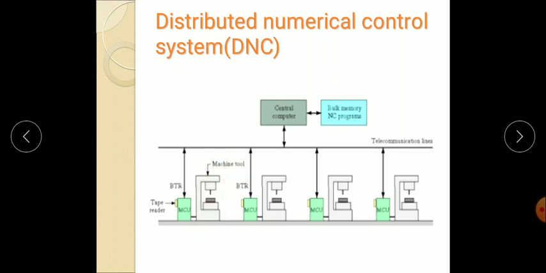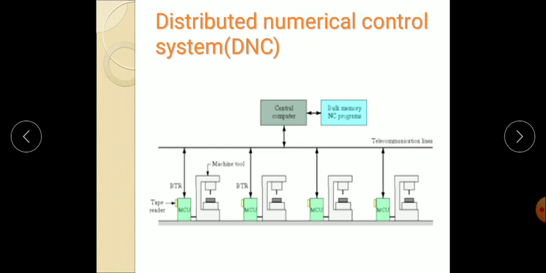On some CNC machine controllers, the available memory is too small to contain the machining program. In this case, the program is stored in a separate drive and sent directly to the machine.